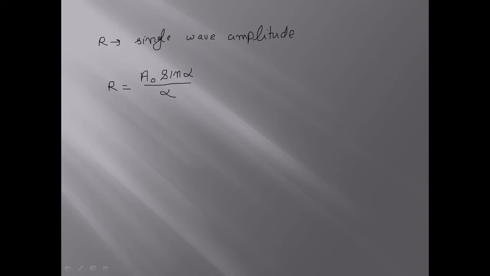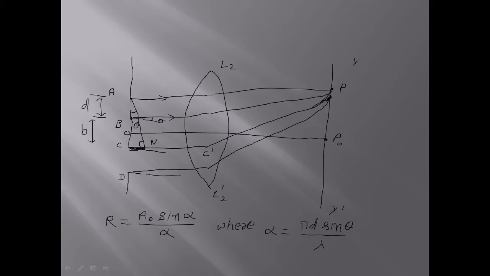To explain the maxima and minima at point P, we need the path difference from the sources S1 and S2, and that path difference is this one, CN, from the triangle ACN.